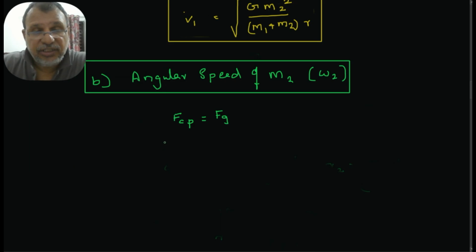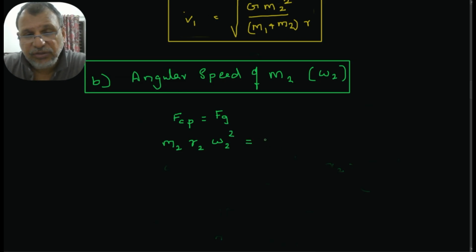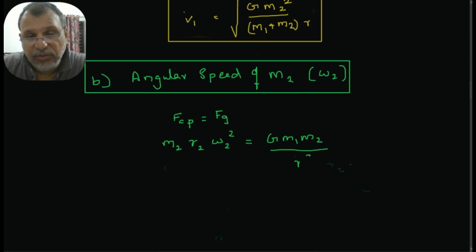Because the mass is m2, we write m2, then r, which will be r2, and omega 2 squared. This is the equation you already know for the centripetal force. That is equal to G m1 m2 over the separation between the two masses, r squared. This will be the expression.